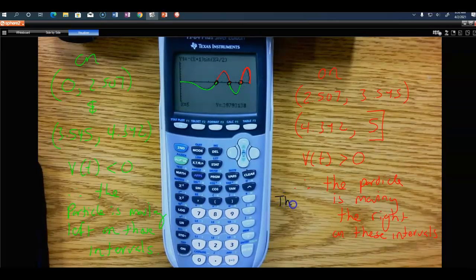So we could say the particle changes directions at t equals 2.507, 3.545 and 4.342. All right? So there you guys have it.